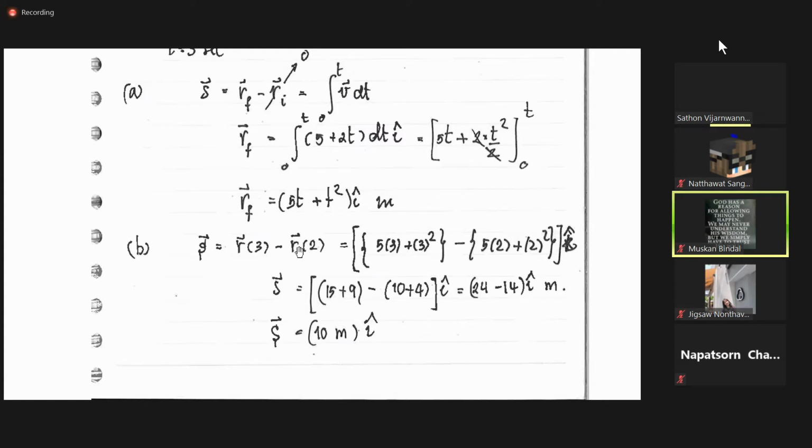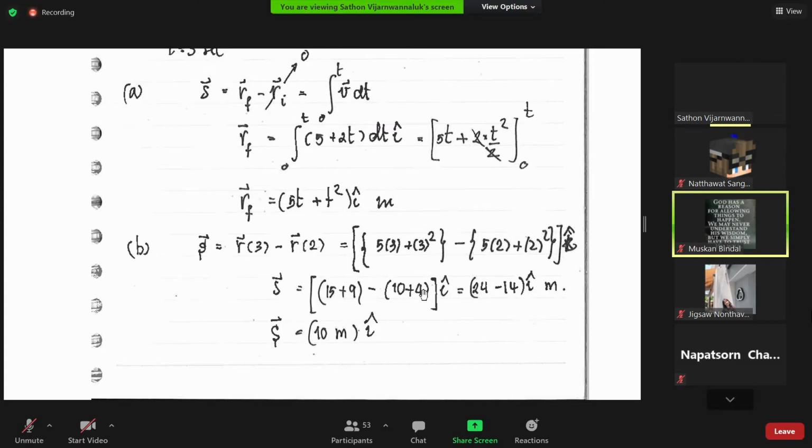And then the position at 2 is 5 times 2 plus 2 squared, and the two subtract along the i-axis. In the first parenthesis, 5 times 3 is 15 and 3 squared is 9, so it's 15 plus 9. In the second parenthesis, 5 times 2 is 10 and 2 squared is 4.